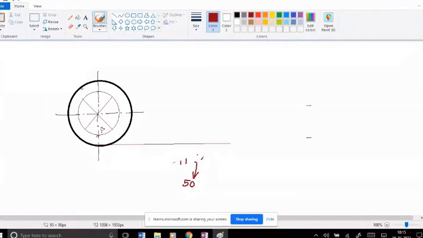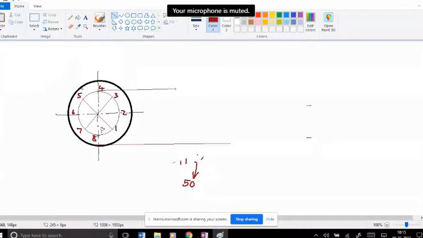It is going to rotate in the clockwise direction. So this will be my 1, 2, 3, 4, 5, 6, 7, and 8. It needs to rotate through half a revolution, so that means the 8 will come upward. Next, we need to make horizontal lines from these points for the distance of pi d.